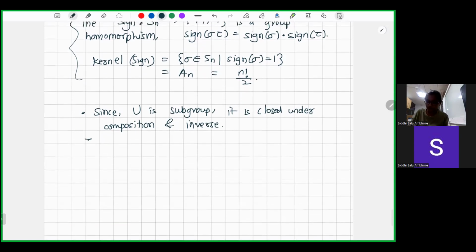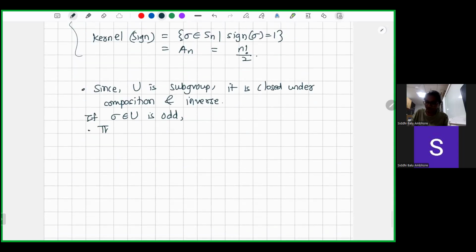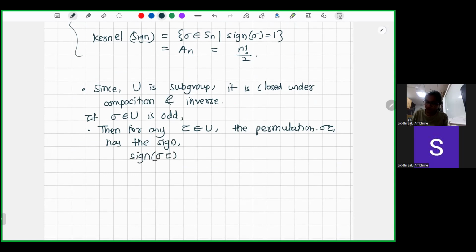So hence, if sigma belonging to U is odd, then for any tau in U, the permutation sigma tau has the sign of sigma tau equal to sign of sigma times sign of tau.